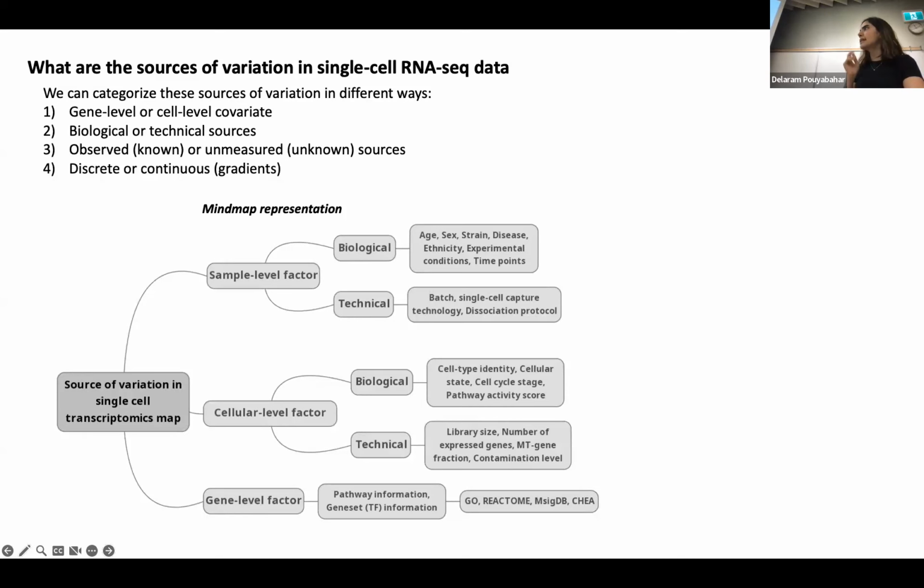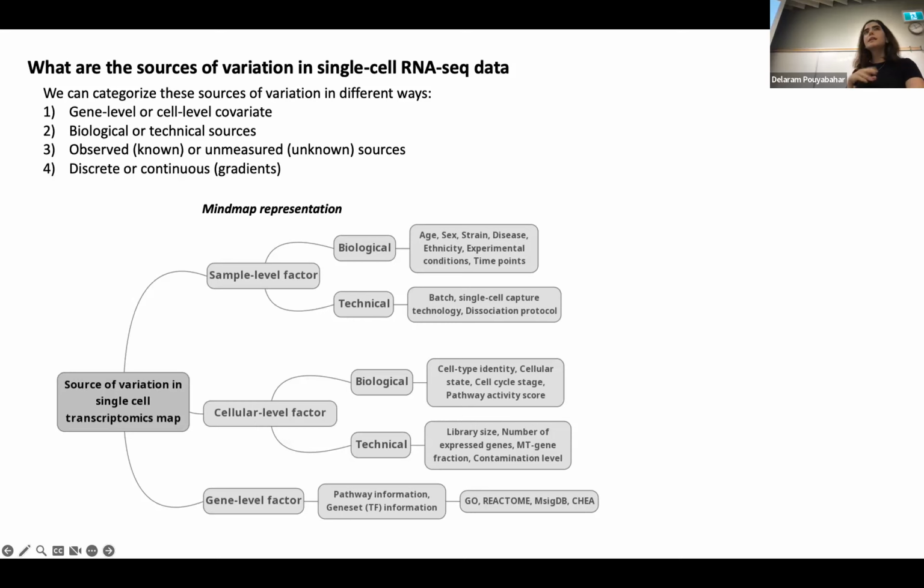Some examples of the cellular level factors, for the biological ones, could be cell type identity, cellular states, cell cycle stage, or pathway activity of individual cells in your sample. And some of the technical examples are library size, number of expressed genes, mitochondrial gene fraction, and contamination.